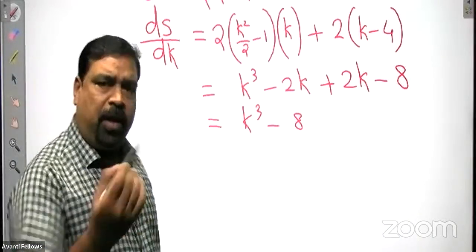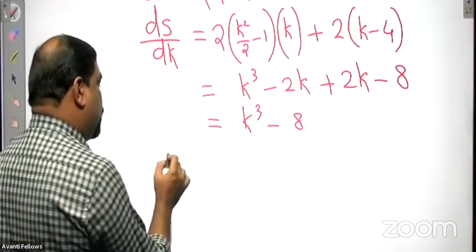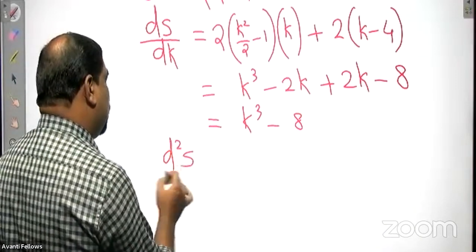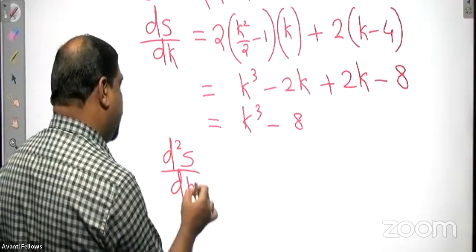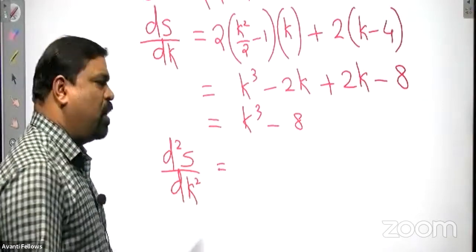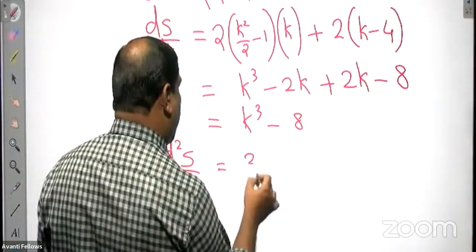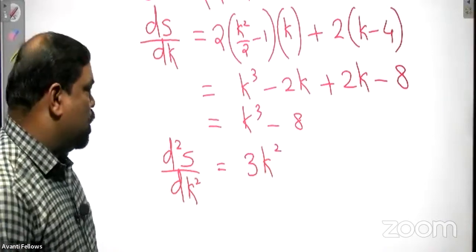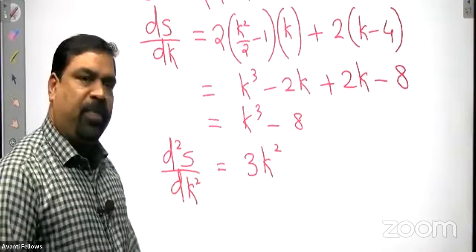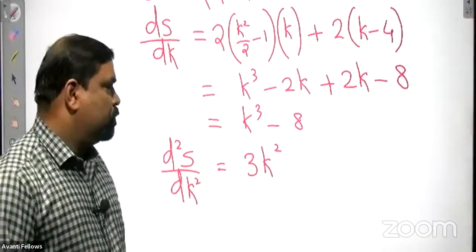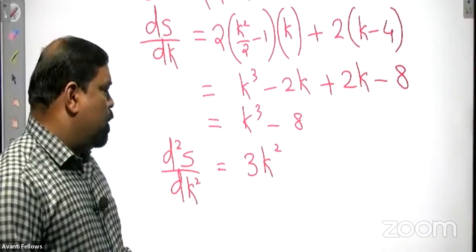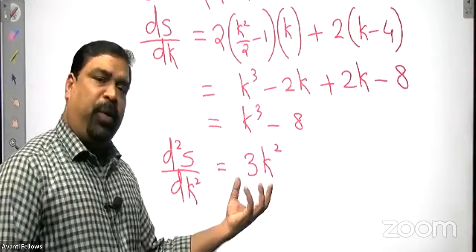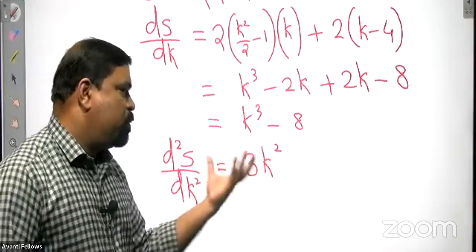Again, we need the second derivative also. So what is the second derivative? At the same time, we can calculate the second derivative, that is 3k square. Isn't it? Second derivative is 3k square. Now very clearly, from here itself, you can see that this value is positive only.